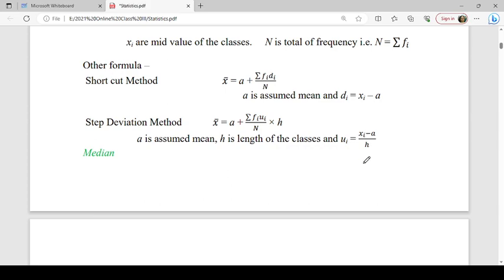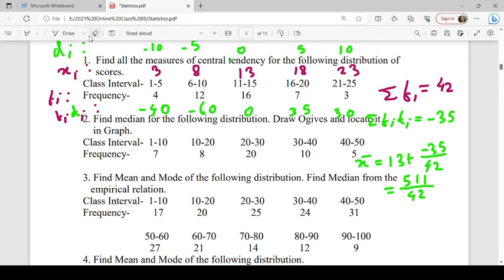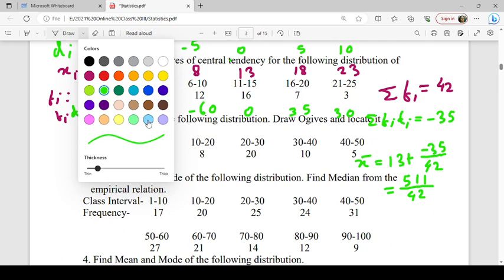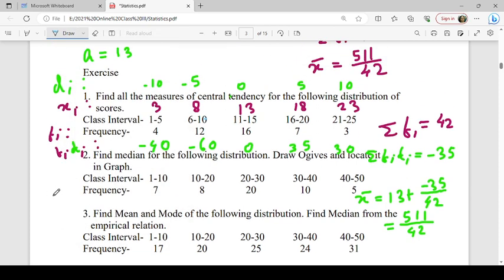So ui is, 3 minus 13 by the length of class, which is 5, since there are 5 observations.